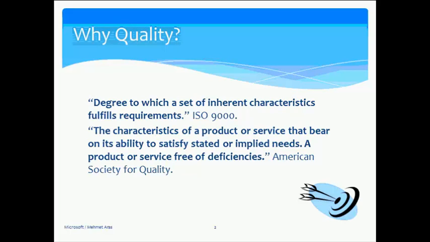For example, I expect that application to perform well, or maybe to be secure, right? Maybe a good user interface so that I don't have to spend a lot of time to figure things out. Those are some of the implied characteristics or requirements that I expect from this application, but they really add up to the quality of the application.